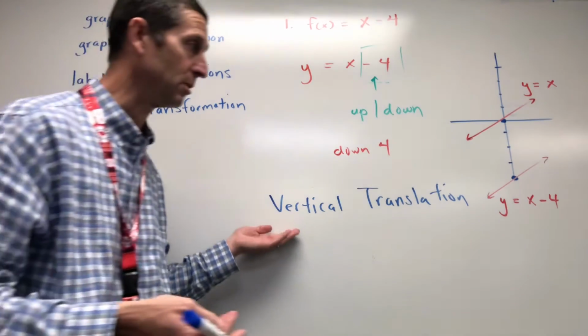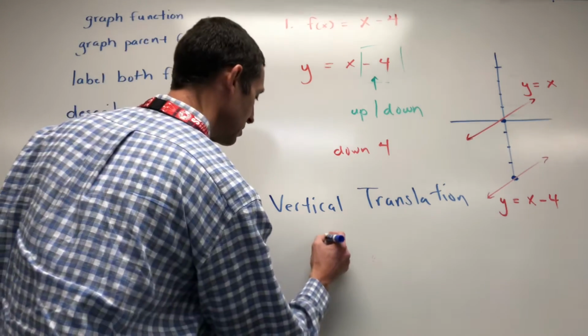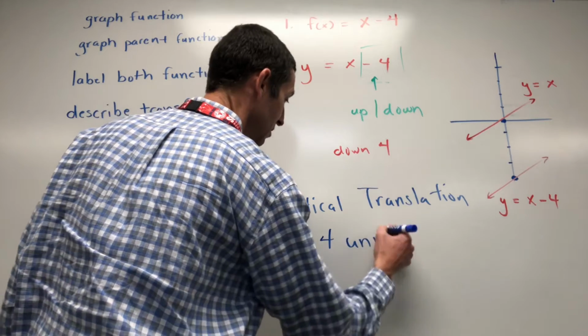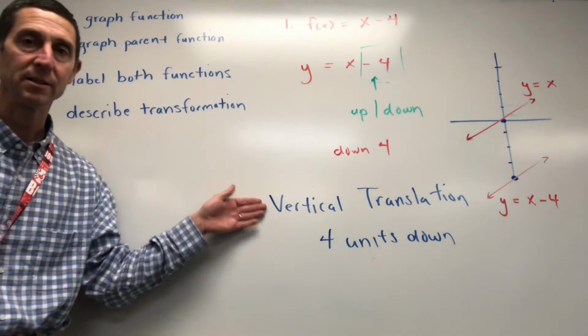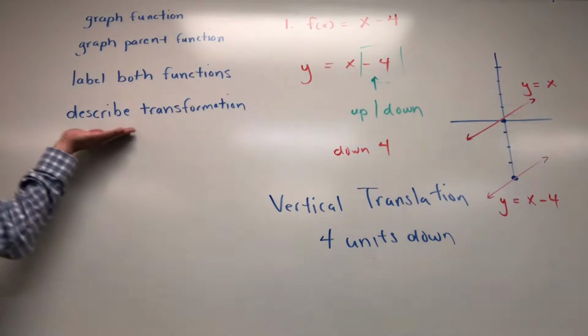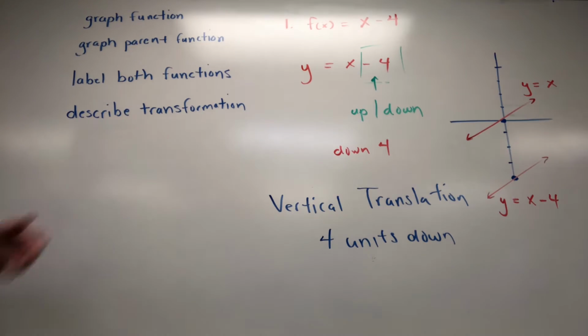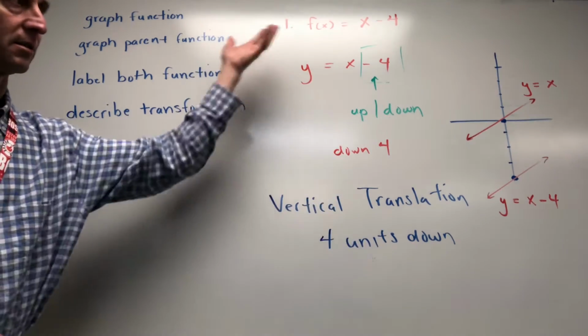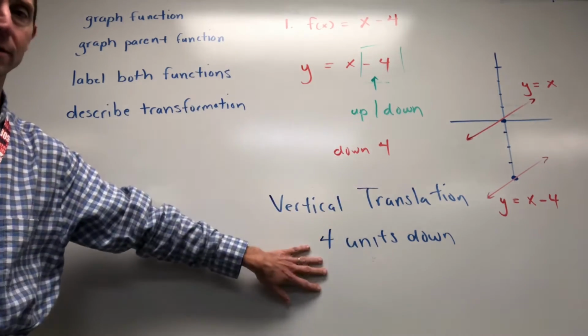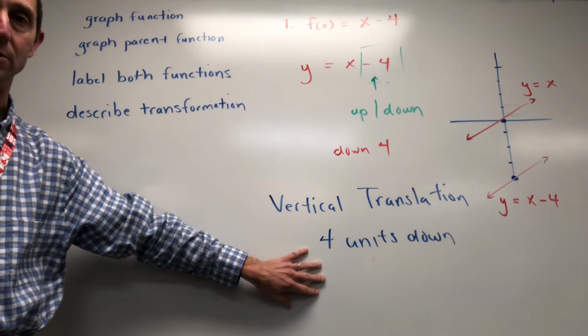It's vertical, went down 4 spots. So we just write 4 units down. It's a vertical translation, 4 units down. And that answers our last part about describing it. So each one of your questions is going to look like this: graph, labels, describe the transformation.